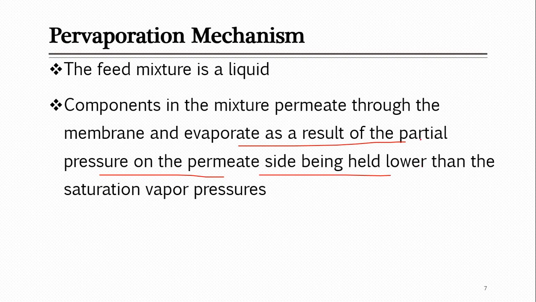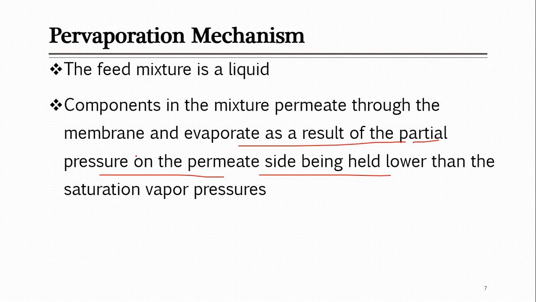Suppose the mixture is just passing through this, then you will look at the partial pressure. If out of the mixture only one component is passing, then we will say its boiling temperature or its saturation temperature. But if two or three components can diffuse through the membrane, then definitely you will be looking at the partial pressure of each component.